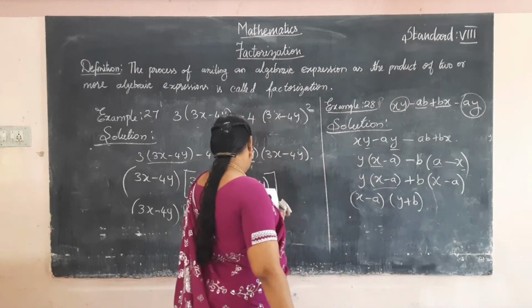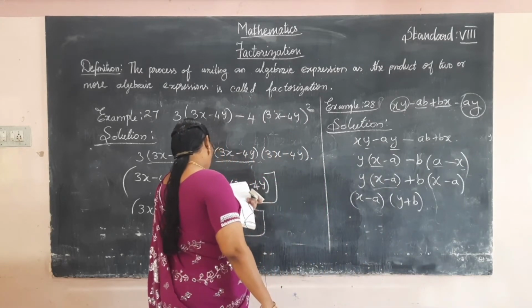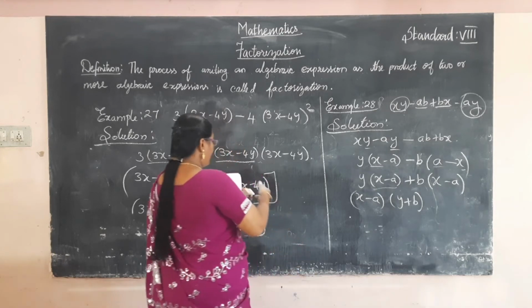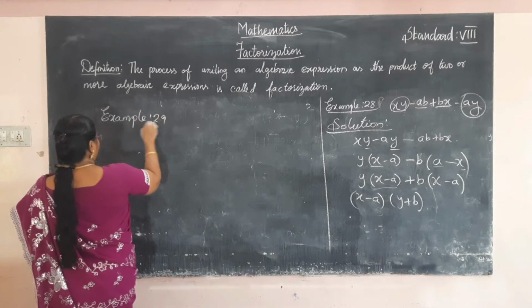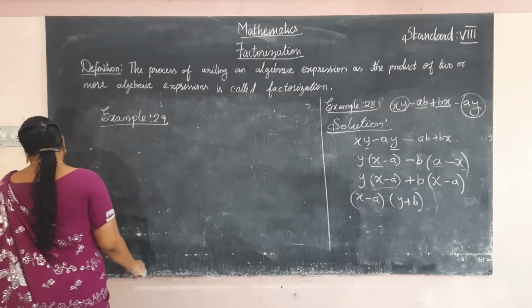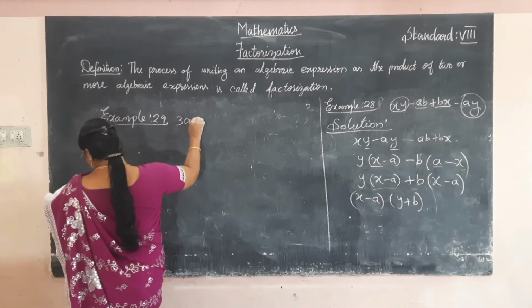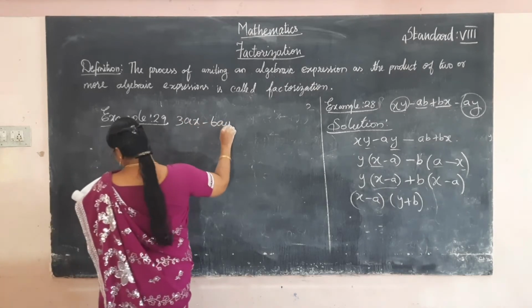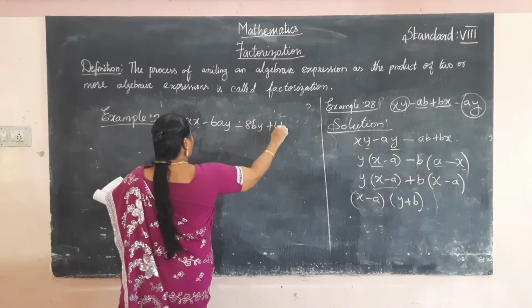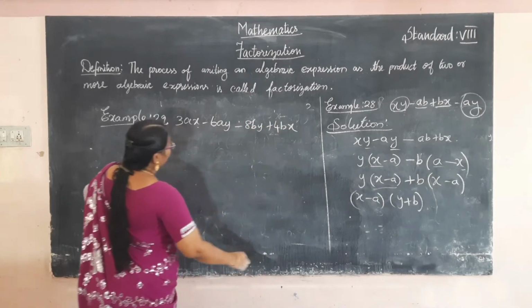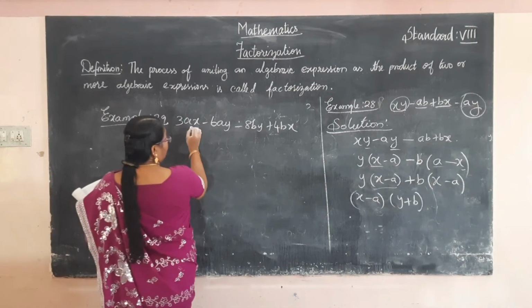The next one, example 29. 3ax − 6ay − 8by + 4bx. So check which variables are the same.